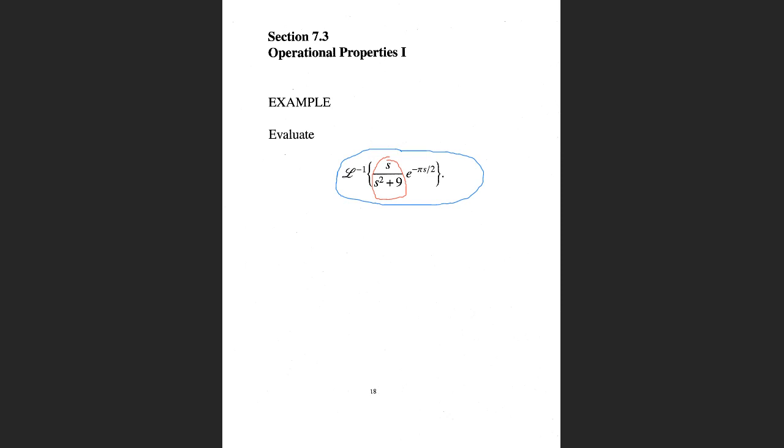A cosine of 3t. So let me show you how we would do this. The s over s squared plus 9 is the big F of s function. k squared equals 9, k equals 3.